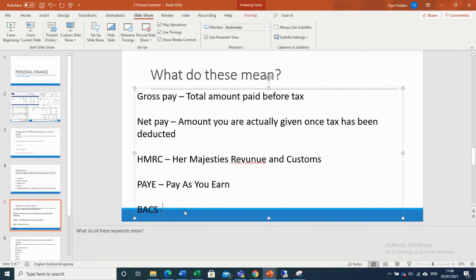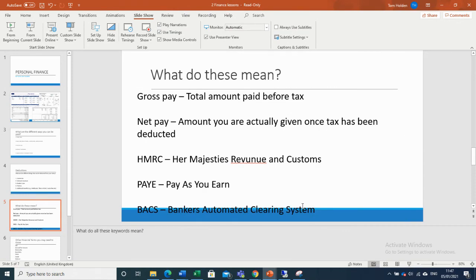And then the final one, which came up on one of those, is BACS, and that stands for Bankers Automated Clearing System. And that's a way of digitally paying your salary.